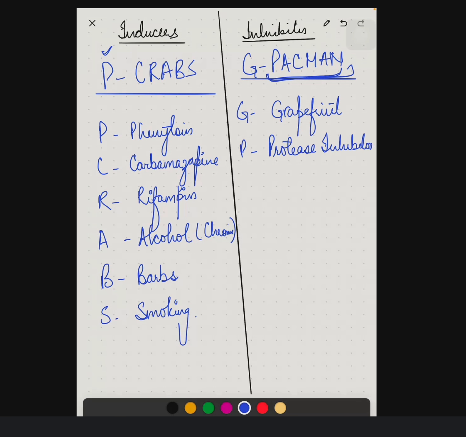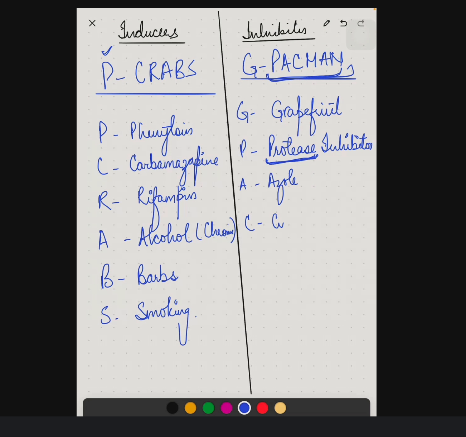Protease inhibitors, if you remember, we studied this in antivirals, and anything that is eating up proteins, those enzymes are called protease. And these protease inhibitors were limiting the release of virus colonies, and these drugs are also being used in COVID patients.